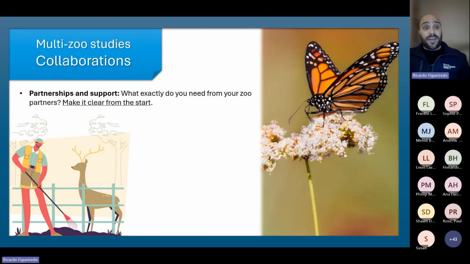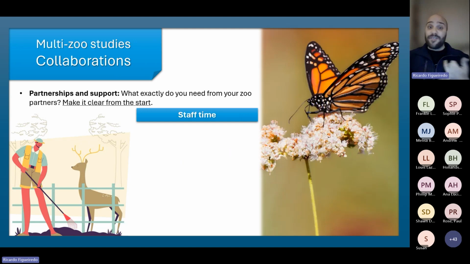Collaborations, more on this because they're very, very important. What you need to do from the start when you are engaging and communicating with your zoo partners about a research project is to be very transparent. So make it very clear from the start exactly what you need from your zoo partners. And that may be a handful of things, starting with staff time.